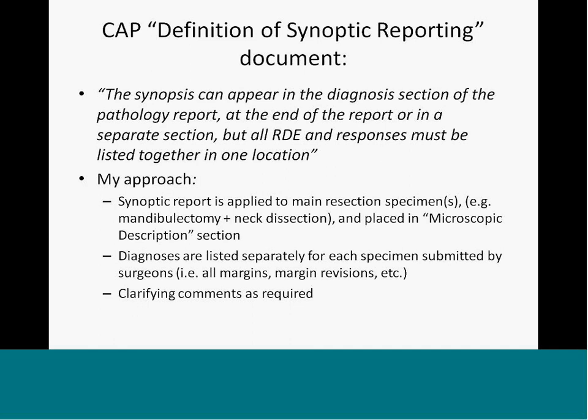Sometimes we run into issues where you have an initial margin, such as a first posterior margin. They'll have more tissue resection, permanent specimens, then you have a second revision, and it can go on sometimes a couple of times. So I list all those diagnoses separately, but except in very rare circumstances, my synoptic report applies to what I would consider to be the main resection specimen.